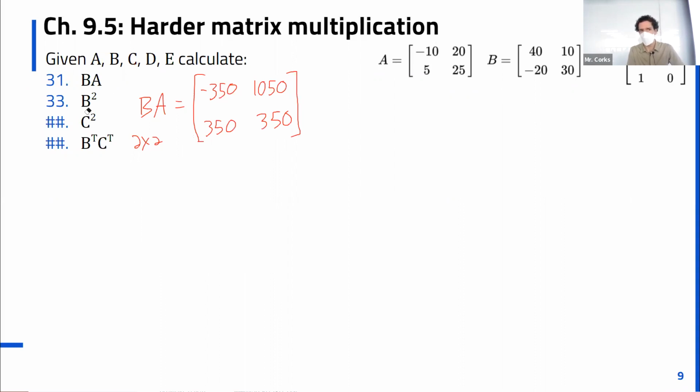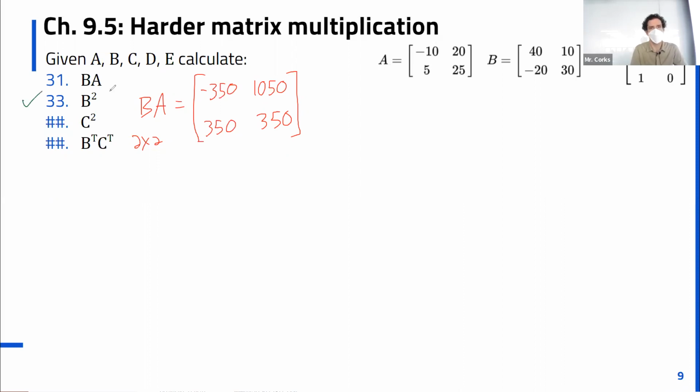I'll do 33, and some of these other ones I'll do in a bit of detail just so we can notice some patterns. But this one is just two 2 by 2 matrices, nothing especially complex there. Next one, 33. Is this one possible?